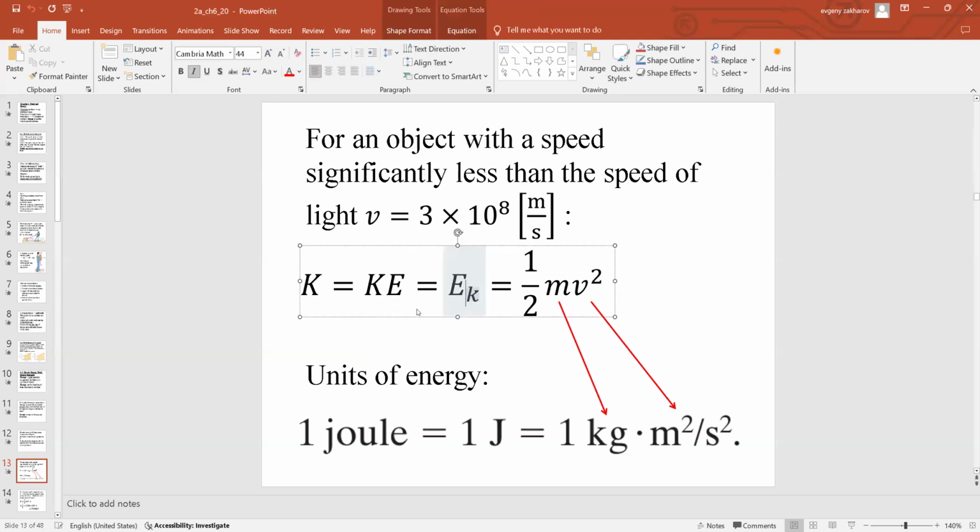So how do you calculate kinetic energy? Say capital K or KE or E sub K, choose the notation that you like the most. The way you calculate it is 1/2 mass times velocity squared. See how velocity goes squared.